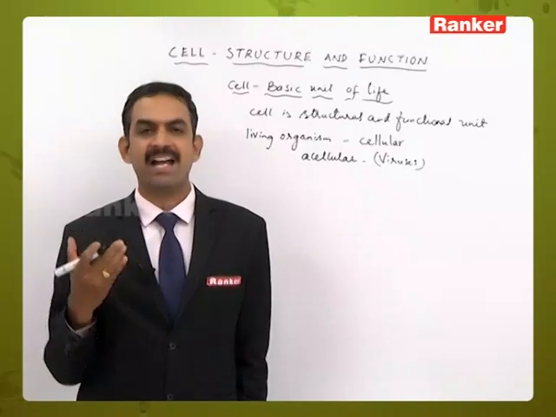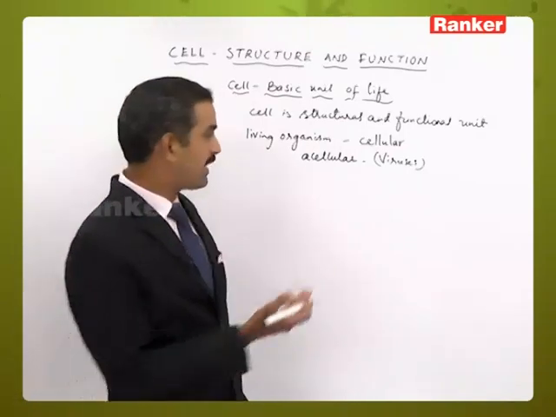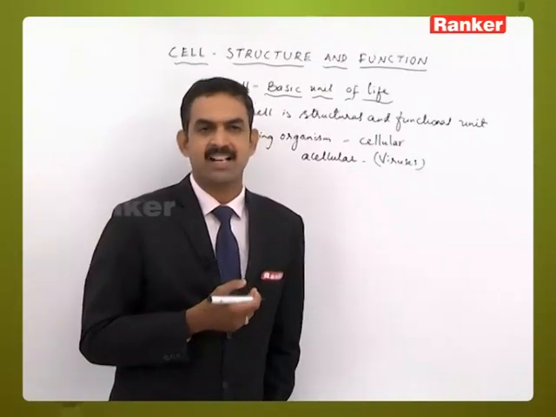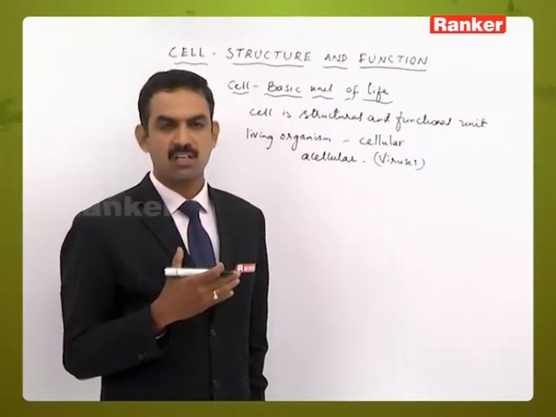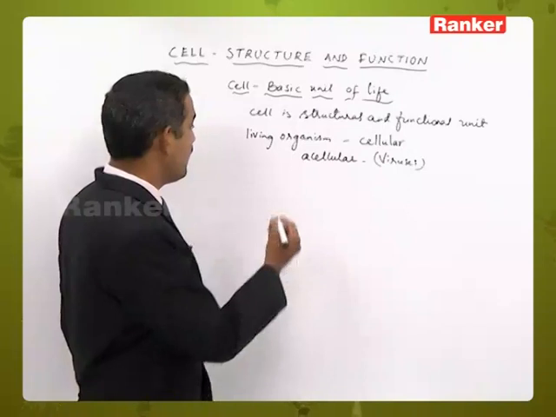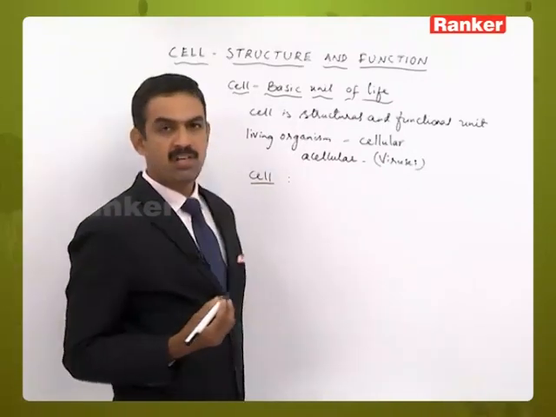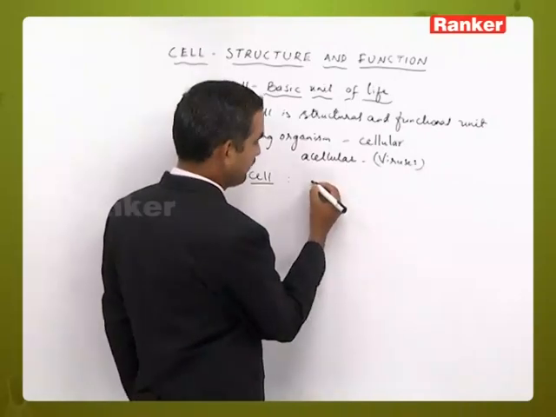The only exceptional case is the viruses. Of course, viruses we call a connecting link, but it is not a perfect thing to be considered here. Then, each and every cell has the capability of independent existence.